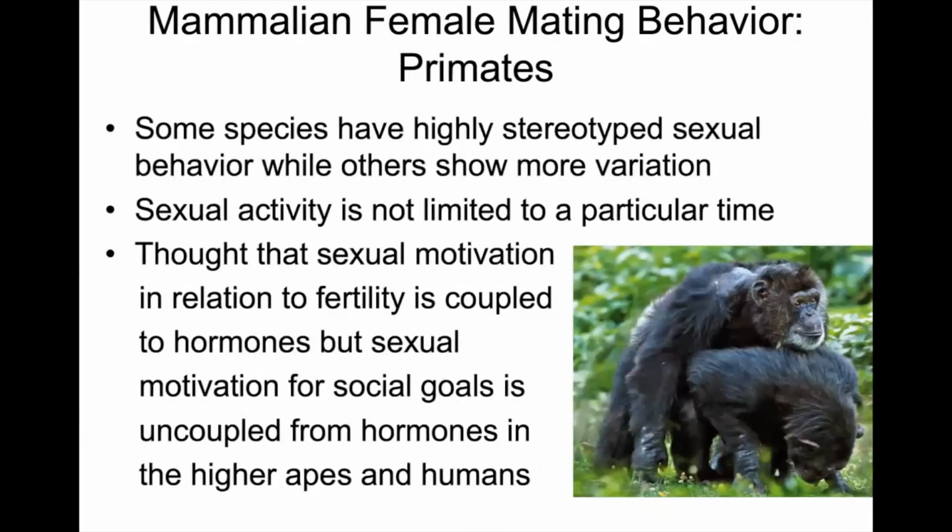Primates are different. First, sexual activity is not limited to ovulation, and different species will show unique sexual behaviors. One theory to explain this is that in many mammalian species, sexual behavior is directly tied to ovulation and reproduction due to simple natural selection.